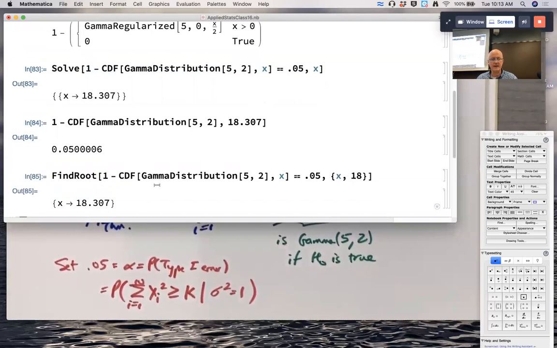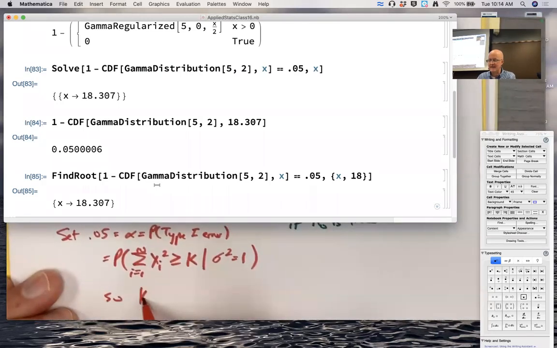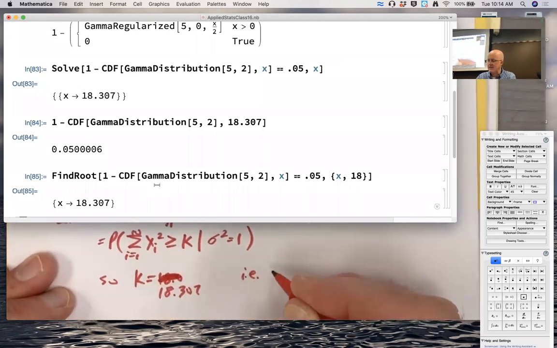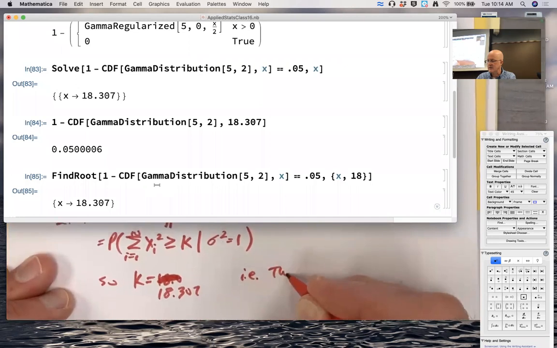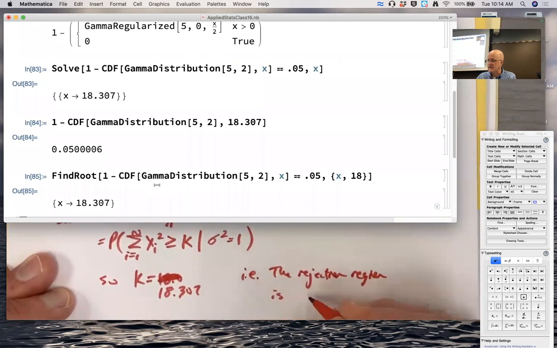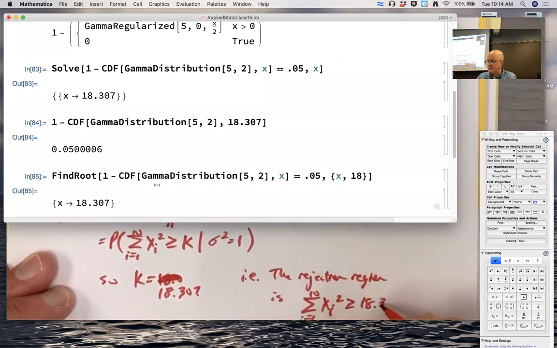So 18.307, that is the capital K. So capital K is 18.307, i.e., the critical region or rejection region is when this summation is greater than or equal to 18.307.